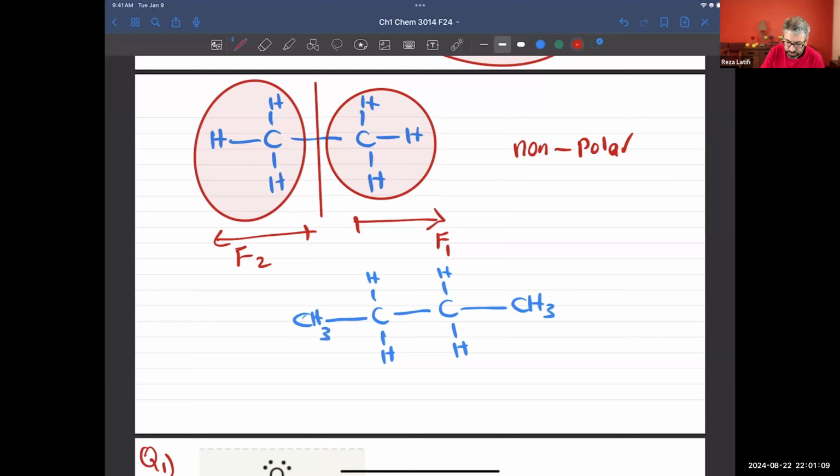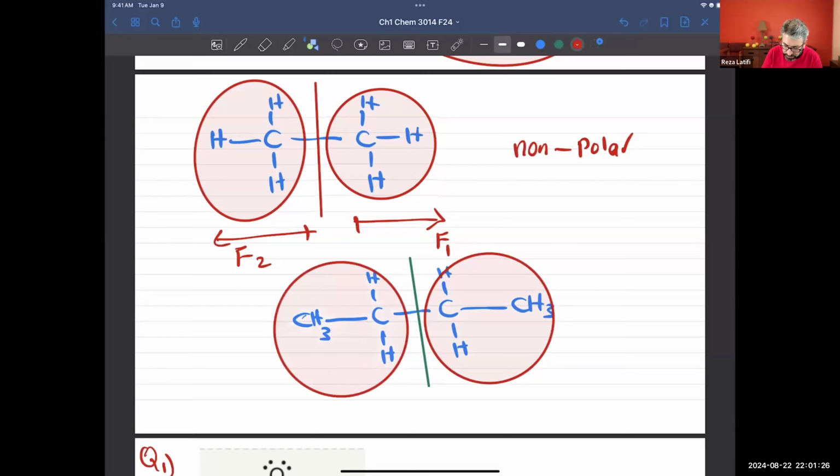Again, I'm going to chop the molecule in half. So where can I put the midpoint? The midpoint is going to be somewhere here. So in that case, this piece will be the same as that, and that molecule will be non-polar.